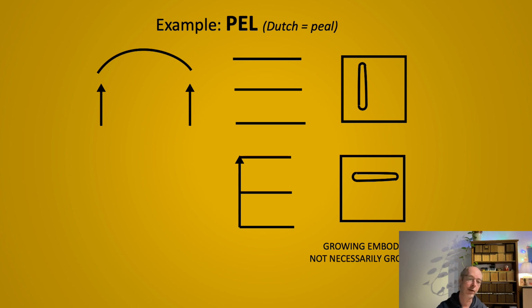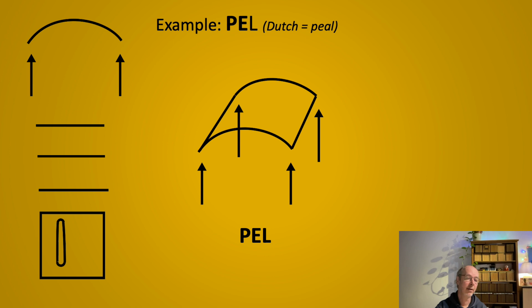So how do we combine here P, E and L, or PEL or PEAL? It's actually very easy.